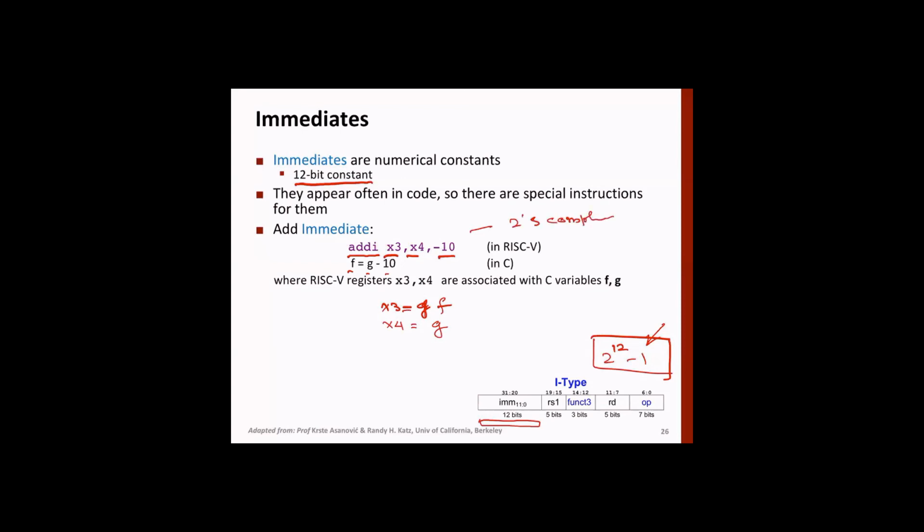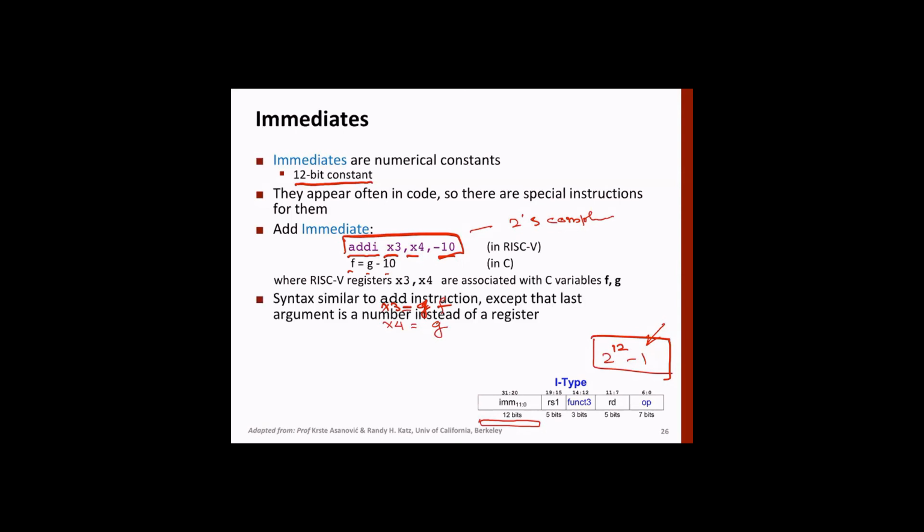When you're doing assembly language programming, you don't have to worry about how to represent this in 2's complement. It's the responsibility of the assembler to convert this into the corresponding 2's complement number. So let's look at the syntax of this: addi x3 x4 minus 10 corresponds to the C statement f is equal to g minus 10.